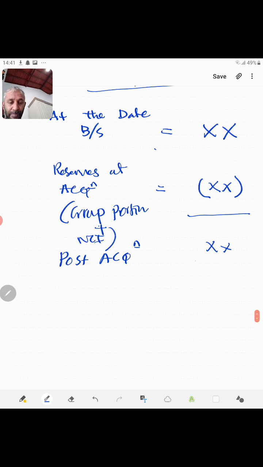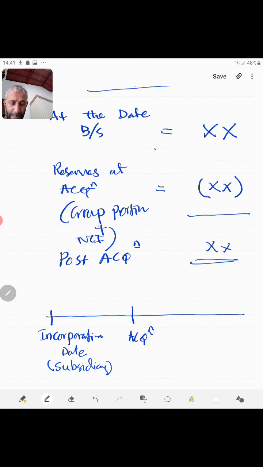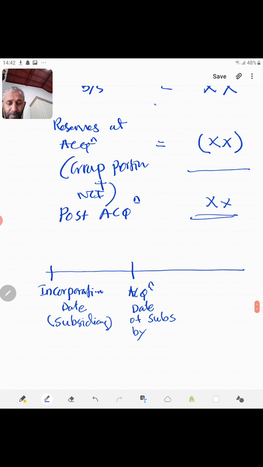Now if you see this diagram here, what I am drawing, let's say this is the incorporation date of the subsidiary. This is the acquisition date of the subsidiary by the parent.